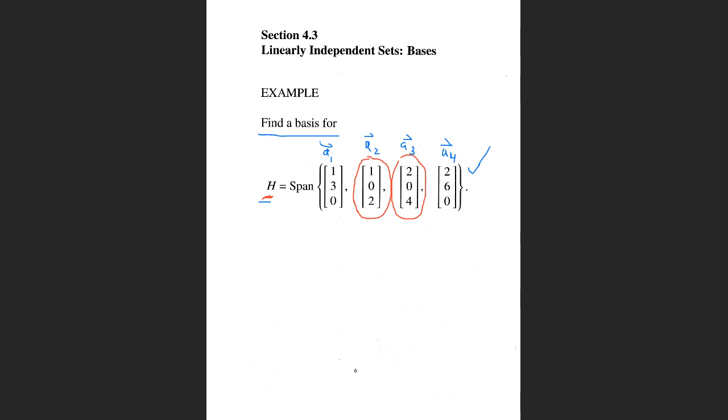What about A1 and A4? What about these 2 vectors here, A1 and A4? Is there redundancy there? Absolutely.